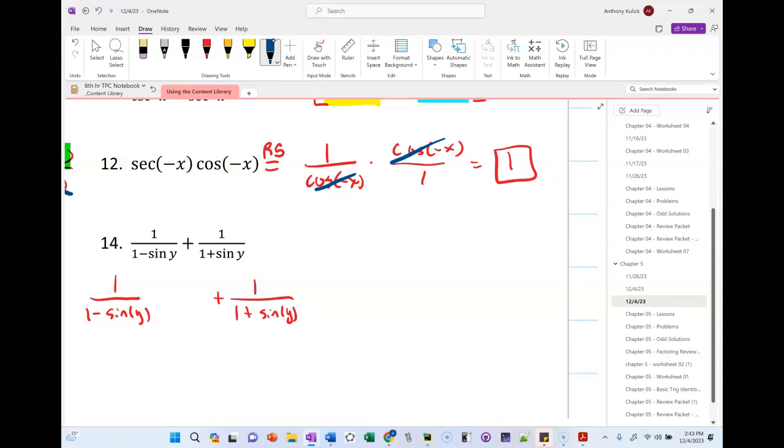Sine is not a factor because I don't have 1 times sine. Factor means multiply. Is there any common factor between these? No, right? Sure, 1 is always a common factor, but like no. So what would the common denominator be? It's just the product of the two: 1 plus sine y times 1 minus sine y.